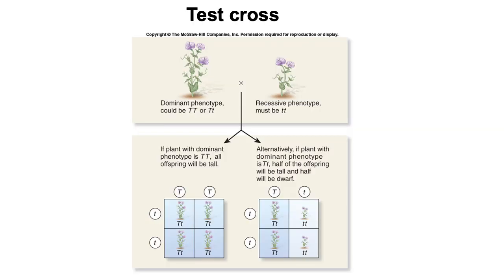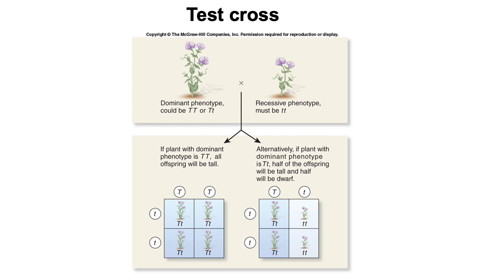So before we leave the topic of monohybrid crosses or inheritance of a single gene, there's one other important type of cross that I wanted to bring up because this comes up a lot, and if I use the term test cross ever in a quiz or on an exam or when we're talking, I just want to make sure you know what it means.